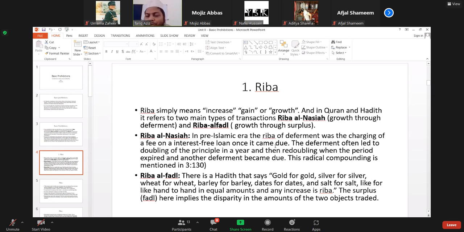So if you are not able to pay me on time, then I will double the principal amount. This was the practice in the pre-Islamic era. So when the Prophet, peace be upon him, came, these were the practices. Money lenders were there, and they were indulging in these kinds of activities.